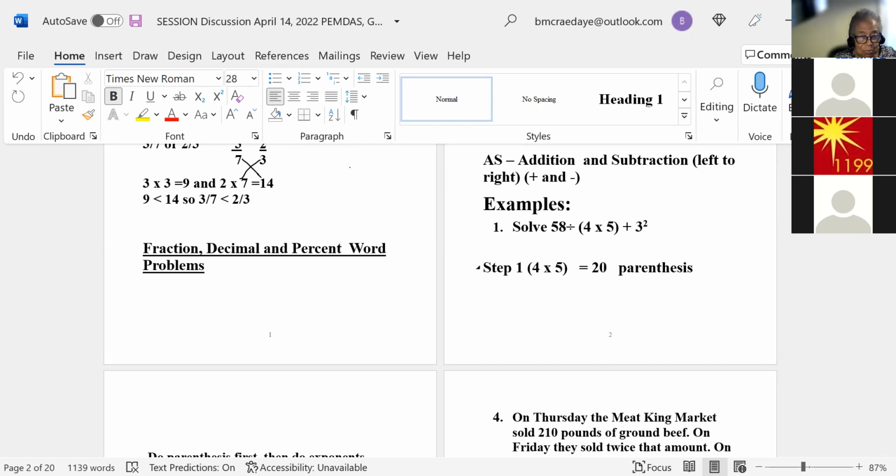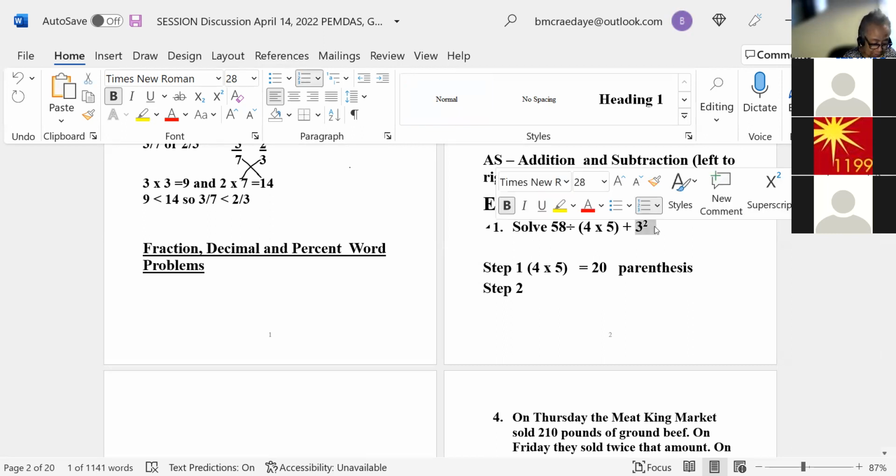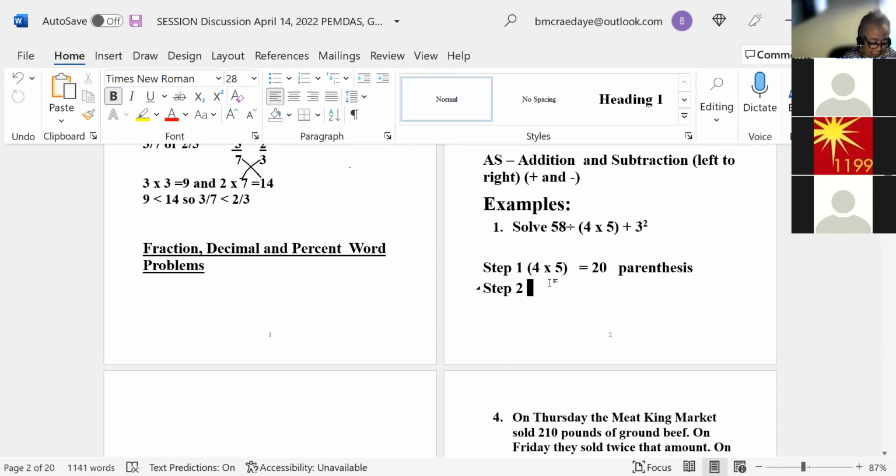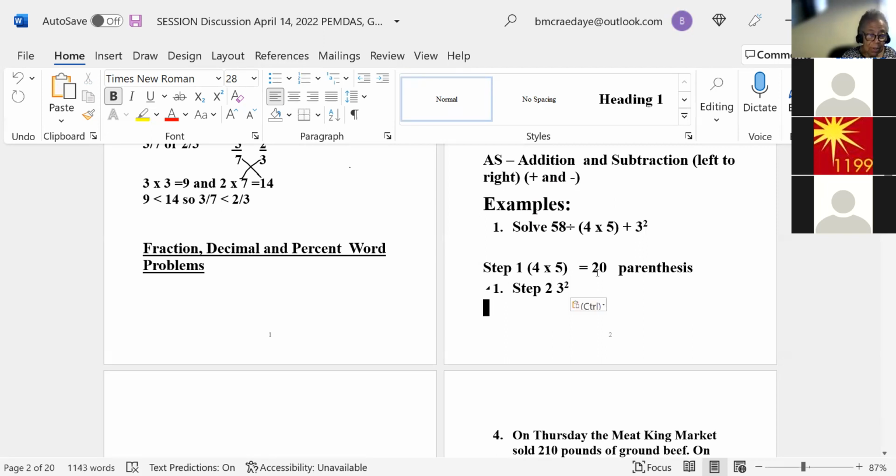What's the next one you would do, Vanessa? Exponent. Exponent, that's right. So step 2 would be the exponent, and let's take out a 3 to the second power. And what's that equal to, Vanessa? 3 times 3 is 9. That's right. So 3 squared is equal to 9.